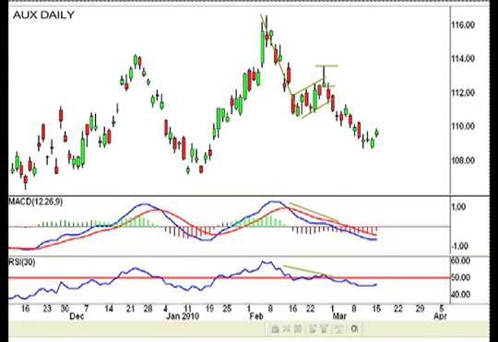What I would like to observe at this point is that while we saw this bear flag follow through and carry on lower, what may be an interesting proposition is to take a look at this pattern right in here, which may very well be a declining wedge, suggesting the possibility of a move to the upside.